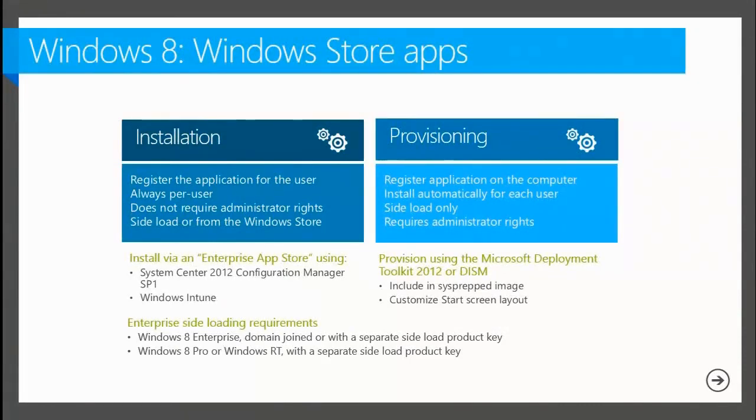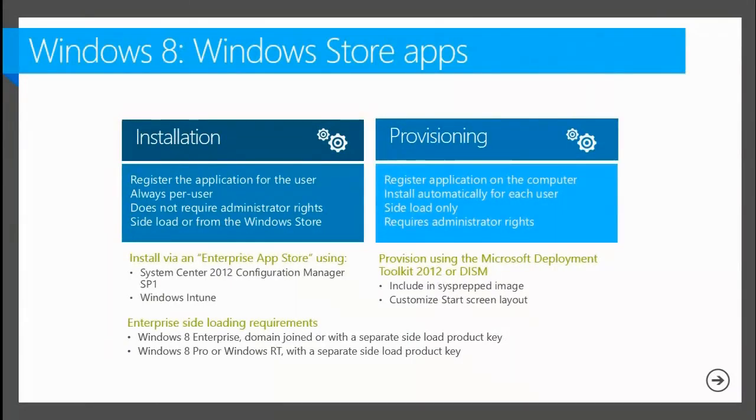Now, if you wanted to implement your own enterprise app store to deploy these apps inside of your own enterprise, you can do that using System Center 2012 Configuration Manager SP1, which includes the ability to install these applications, along with their app catalog, which is a web page where the user can go and request them.